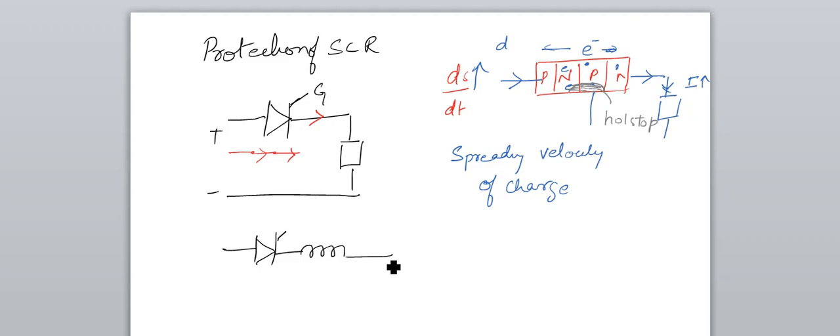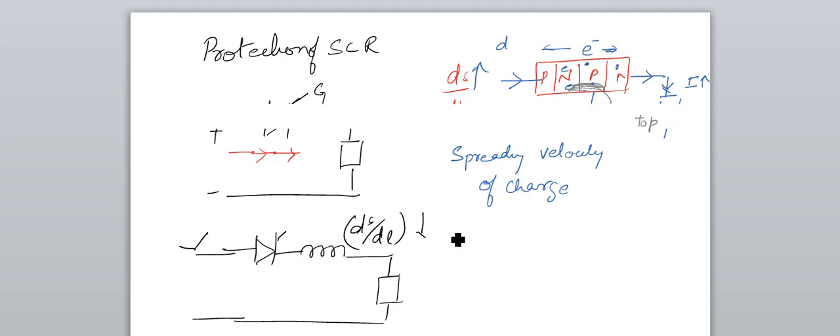So if I put a small inductor across a load, once the SCR is turned on, this inductor opposes the rate of change of current, and it slows down or limits the rate of change of current.